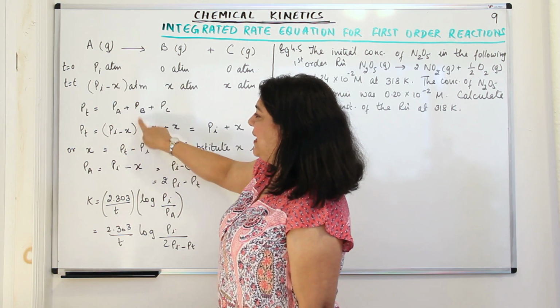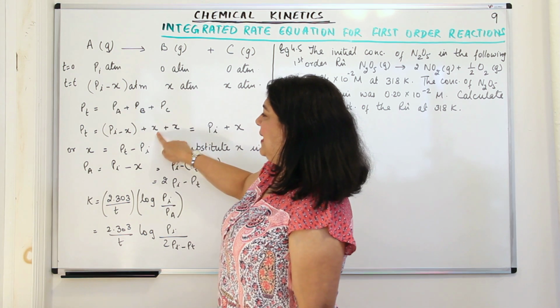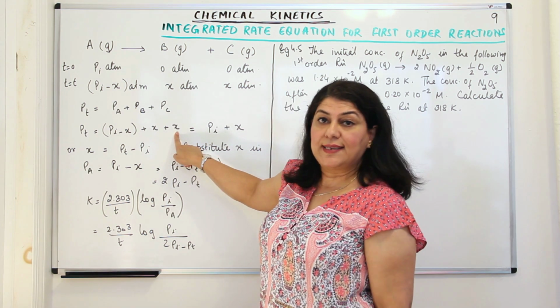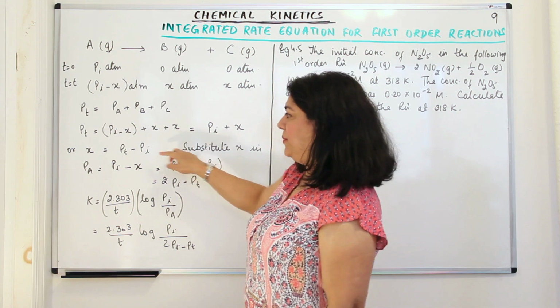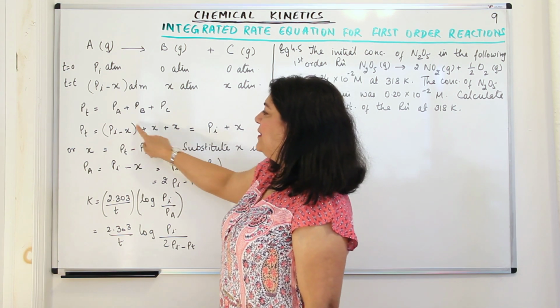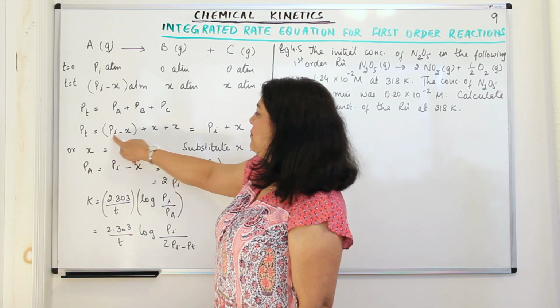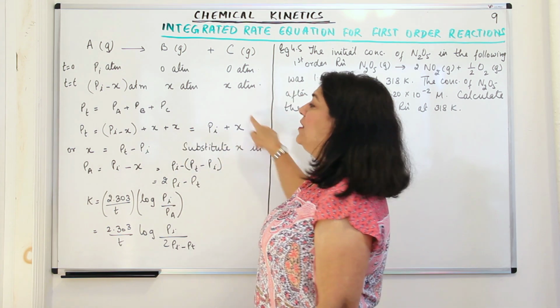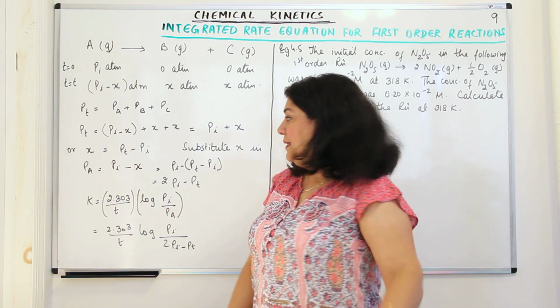We write Pi minus X for PA, for PB we write X, and for PC also we write X. So this becomes the total pressure. So Pi minus X plus X plus X, the minus X and one X get cancelled. You get Pi plus X as the total pressure at time T.